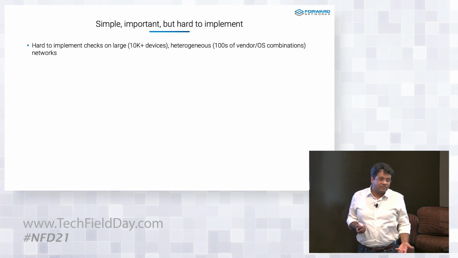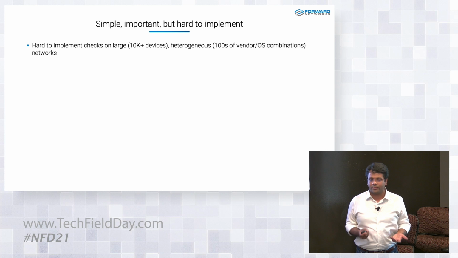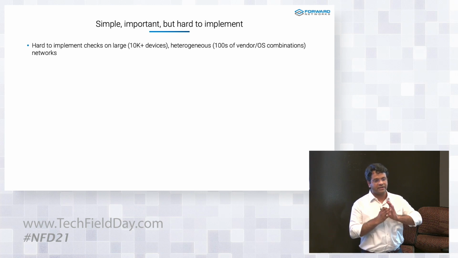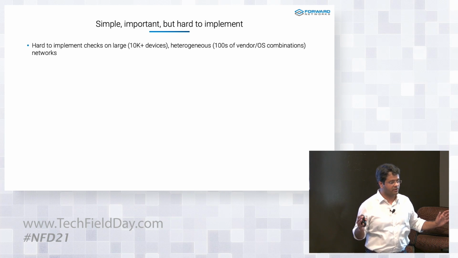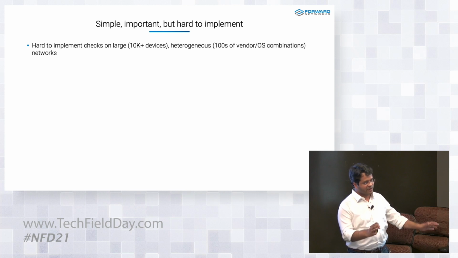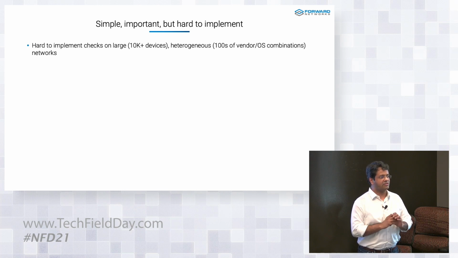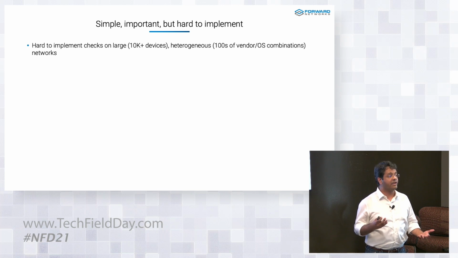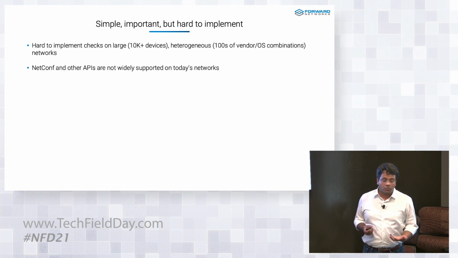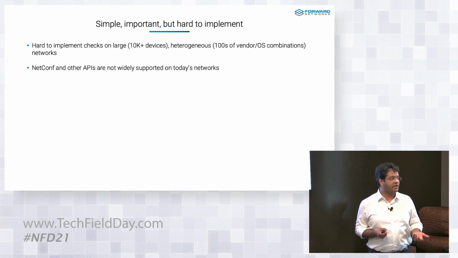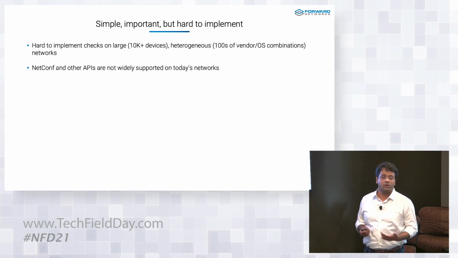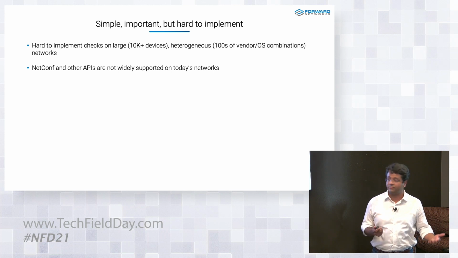In practice, this can be really hard. The reason is this design pattern is repeated several times across this ISP's network on devices coming from different vendors with different operating systems and different OS versions. So there's a lot of heterogeneity and a large scale to deal with. And modern APIs that give access to structured data, like NETCONF, are not really widely available across all the devices that they have.